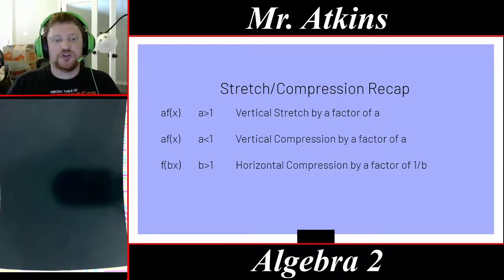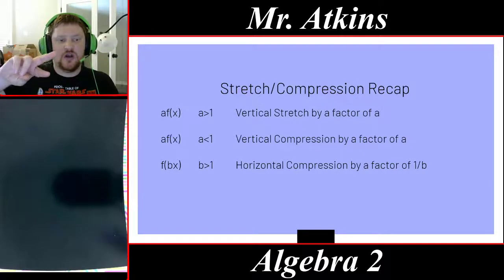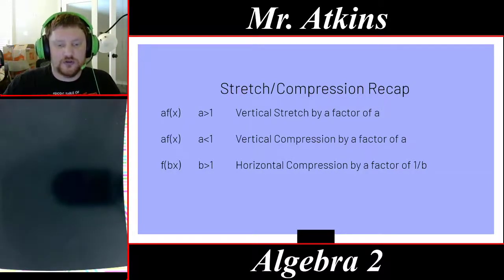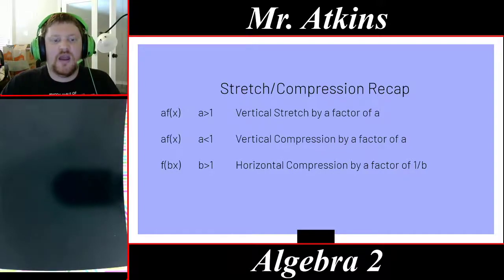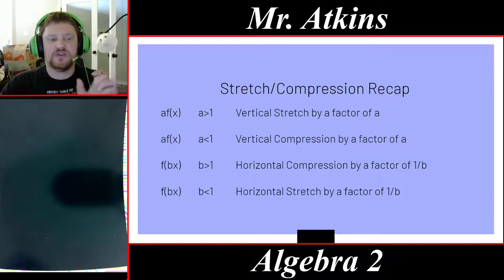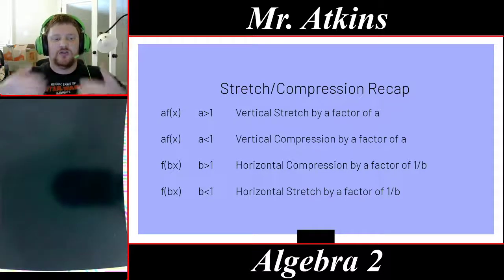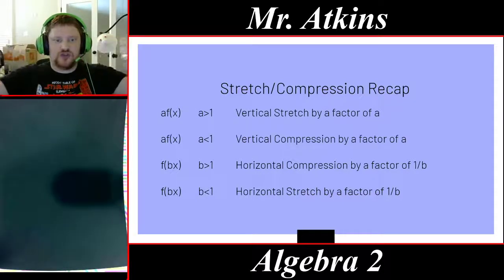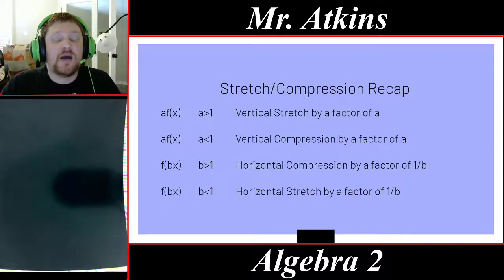So if your number's 2, your compression is by a factor of 1 over 2. And finally, if you are less than 1, but your number's inside the parentheses, now you're going to have a horizontal stretch. You're going to be pulling it apart. And that's still going to be by a factor of 1 over b.